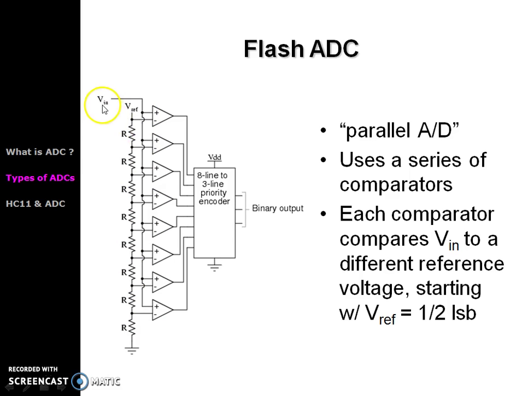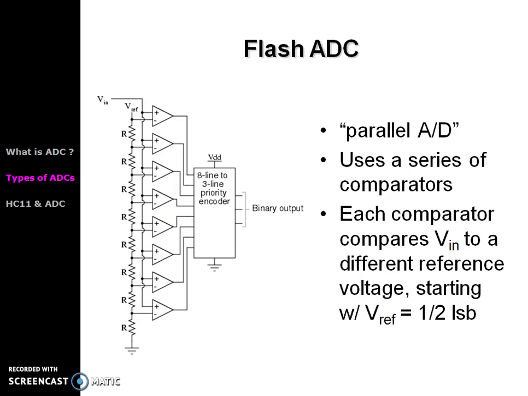When Vin is applied, where Vin is the external voltage we apply for conversion, this is the analog signal we want to convert into digital. When this signal is applied to all these comparators, based upon the potential present at the inverting terminal, the comparators will start changing states.